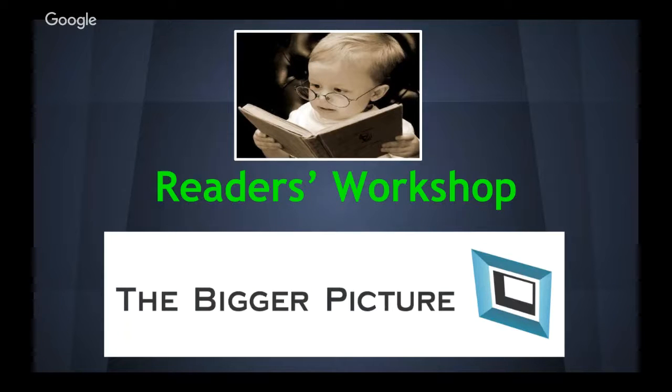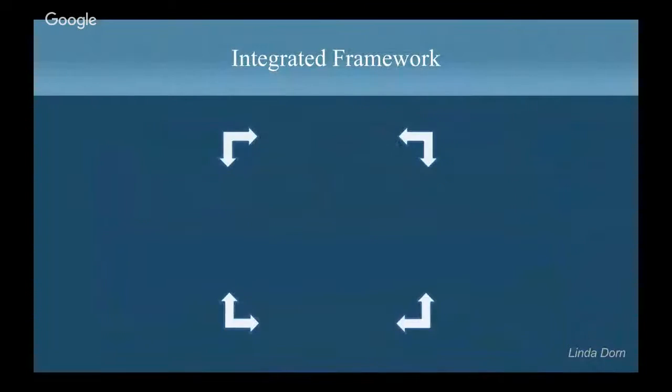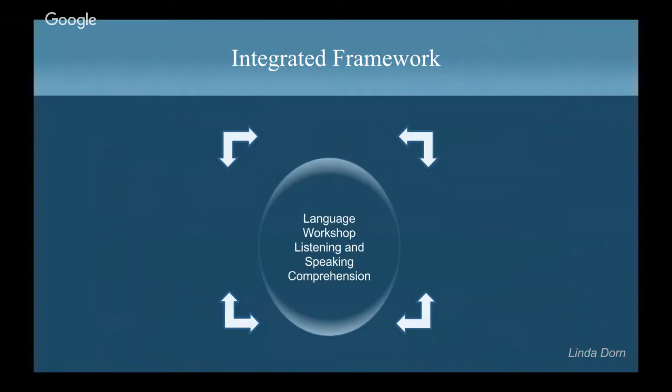When we think of your literacy block, if we now call it an integrated framework, in that integrated framework we're going to see 4 parts. The first, the biggest that we're going to talk about, is the language workshop. And this model actually comes from Linda Dorn. It would have been created well before Common Core came out, but it is totally an accurate visual for Common Core ELA.